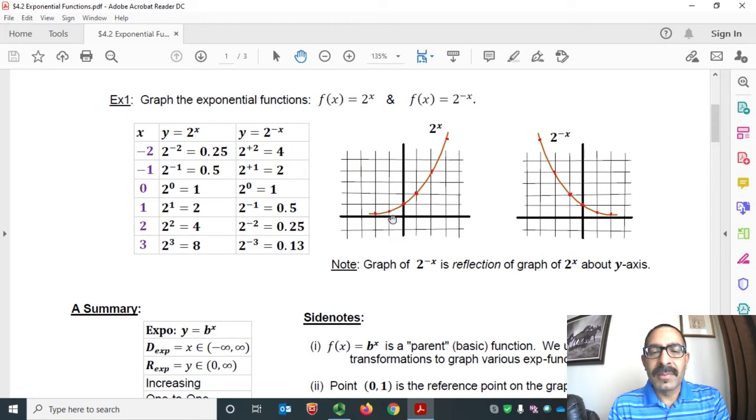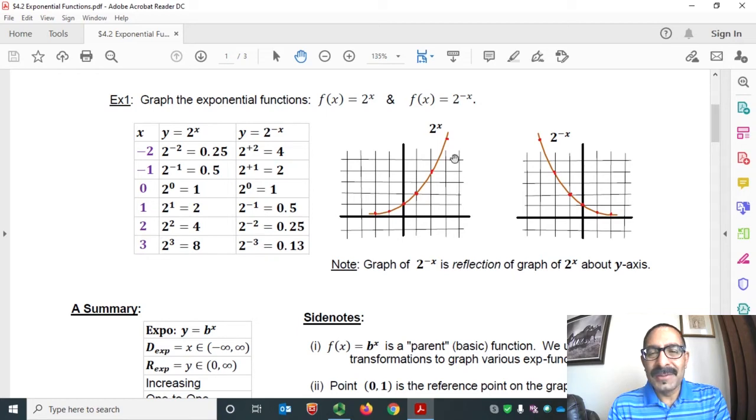Here is -1 and 0.5 right there. Similarly, 0, 1. So 0, that's the origin, and 1 you need along the y-axis, and so on, and join those points. Then this gives us the graph of the exponential function 2 raised to the power x. I hope this makes sense to you all.